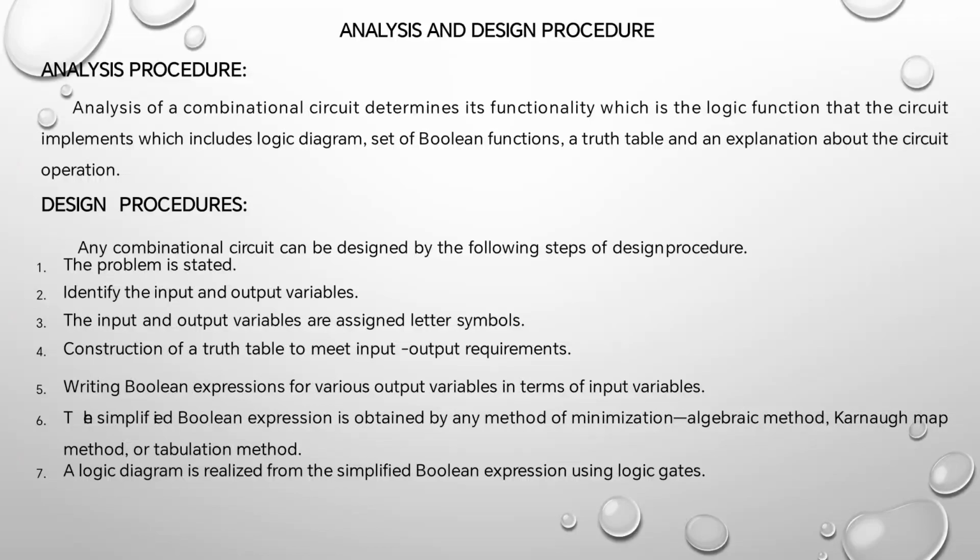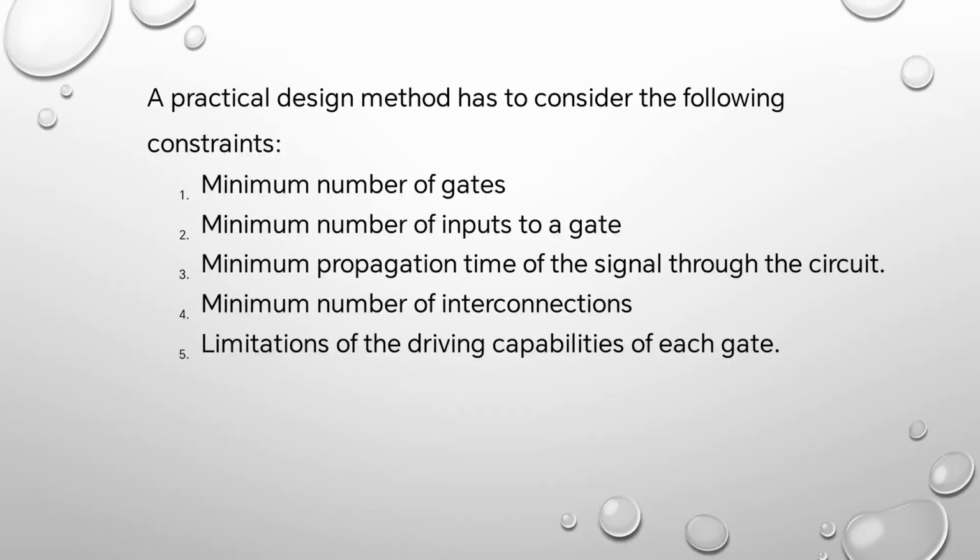Fifth, write Boolean expressions for the various output variables in terms of input variables. Sixth, the simplified Boolean expression is obtained by any method of minimization: algebraic method, K-map method or tabulation method. A logic diagram is realized from the simplified Boolean expression using logic gates. So these are the procedures we have to follow for the design procedure.